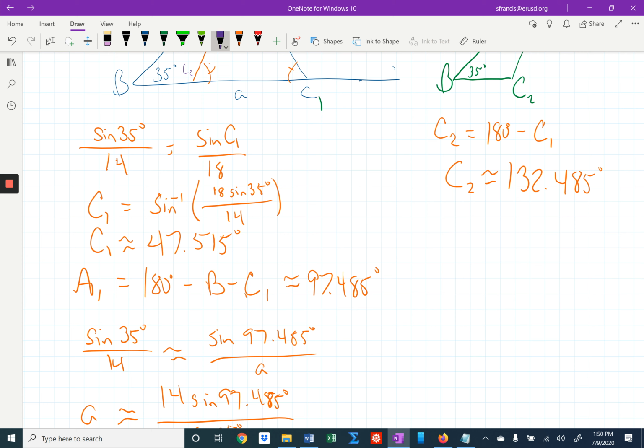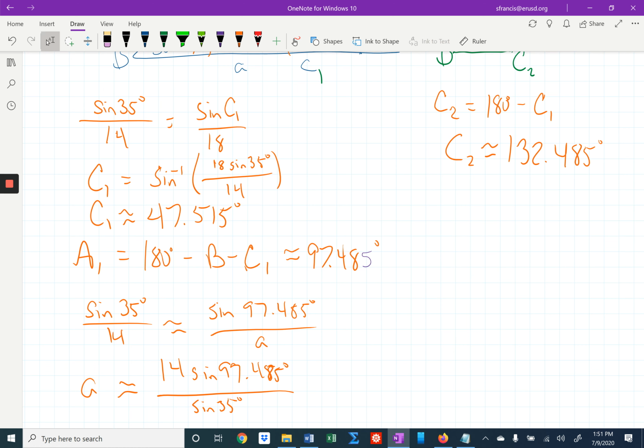From there, I'm going to subtract angle B, which was 35 degrees, and this angle C sub 1 that we just found from 180 degrees to get the angle A, 97.485. Once I have angle A, I find side lowercase a sub 1.